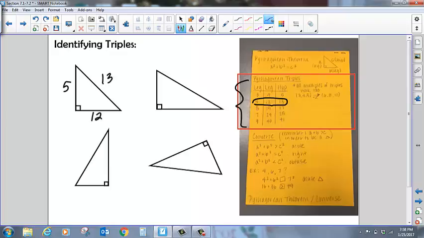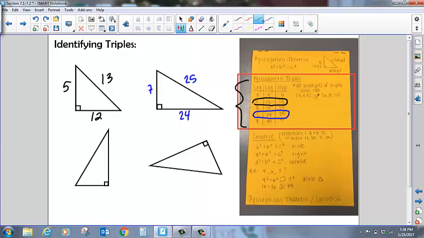Okay? If we had a triangle where, let's say we had a leg of 24 and a hypotenuse of 25, and you go to check your triple chart, oh, well, if you look at this one right here, we have a leg of 24 and a hypotenuse of 25, so that means my missing piece must be 7. So it's really just a way to try to make your work a little bit more efficient.